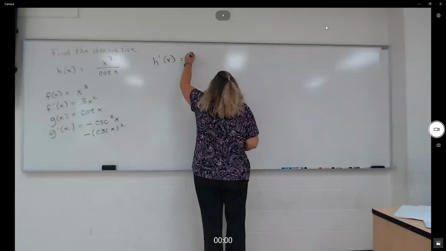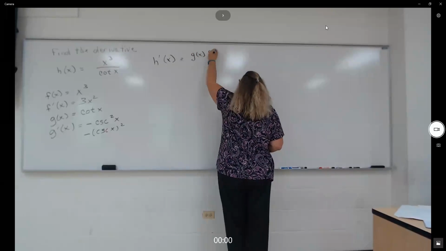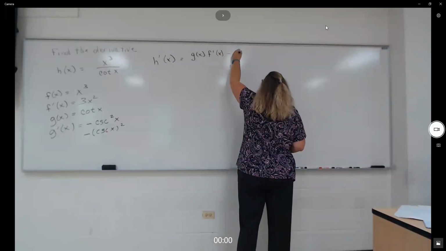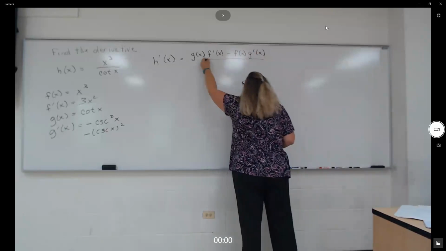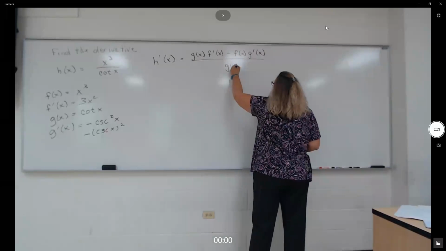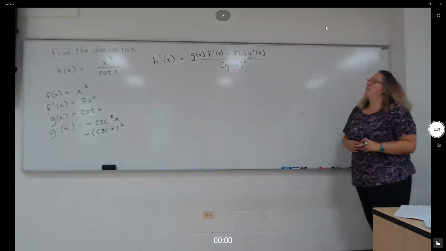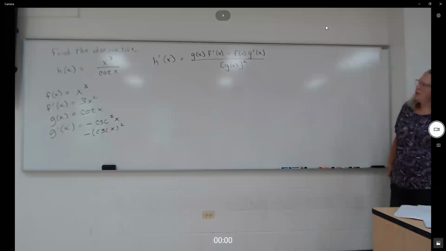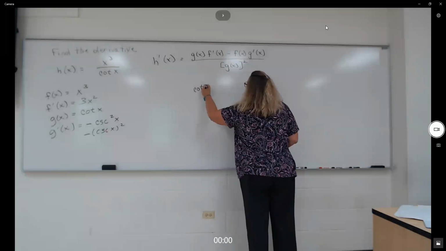G is on the corners. We're doing quotient. So g of x, derivative of f of x, minus f of x, derivative of g, all over g squared. Okay, and then it's just a matter of plugging it in. This is cotangent.